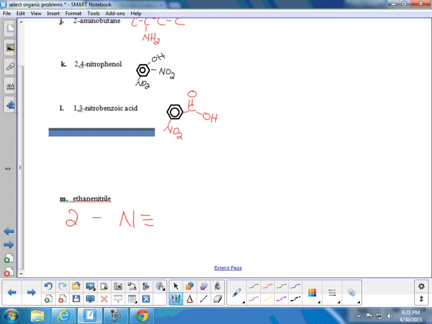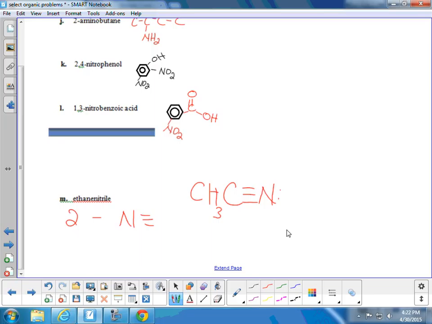So we're going to draw 2 carbons that have single bonds. And then on one of those carbons, we're going to draw a triple bonded nitrogen. It also has 2 leftover electrons. And then this first carbon only has 1 bond, so it needs 3 hydrogen. Our second carbon has 4 bonds, so it's good.